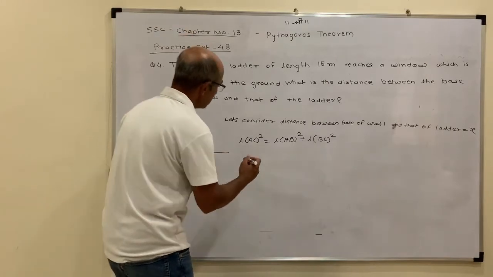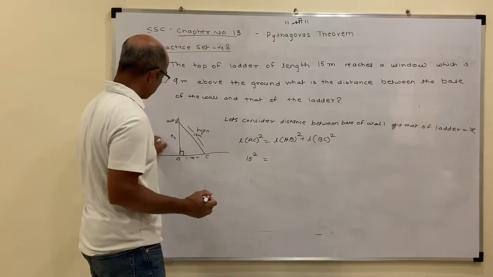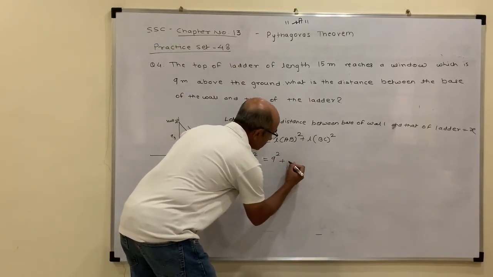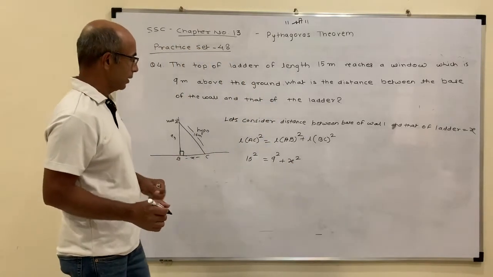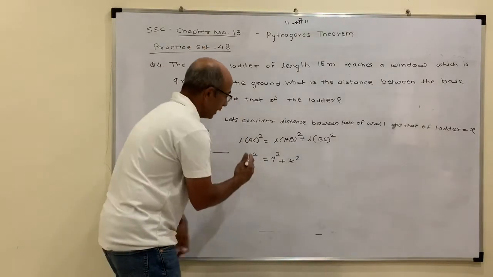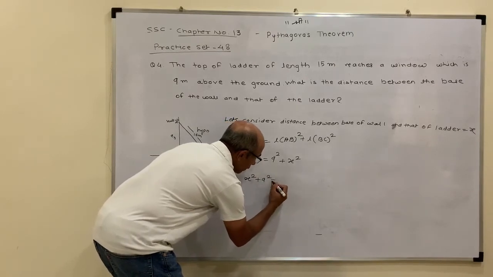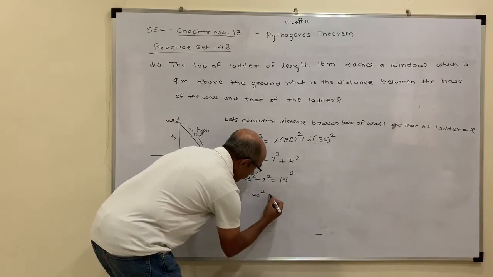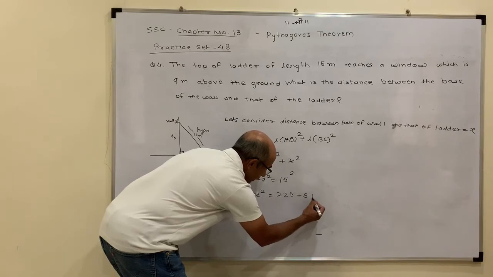AC they have given us 15, so 15 square. AB they have given us 9, 9 square, and plus we have assumed BC is equal to x, so x square. We need to find out x. So I swap the sides. So x square plus 9 square equals to 15 square. So x square equals to 225 minus 81.